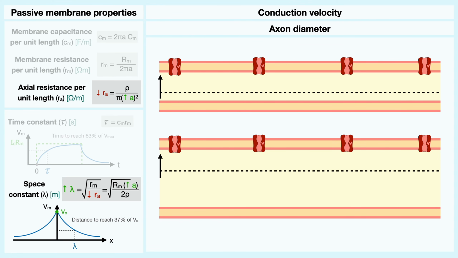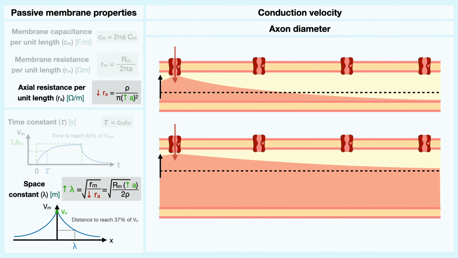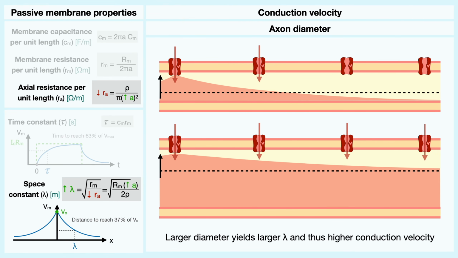If we imagine this dotted line as being the threshold to open voltage-gated sodium channels, when the most upstream channel opens, a higher value of lambda in the larger neuron will make it so that the signal decays less in terms of distance, which will be able to reach and open channels at a further distance for the same amount of time. Hence, neurons with large diameters have faster conduction velocity down their axon.